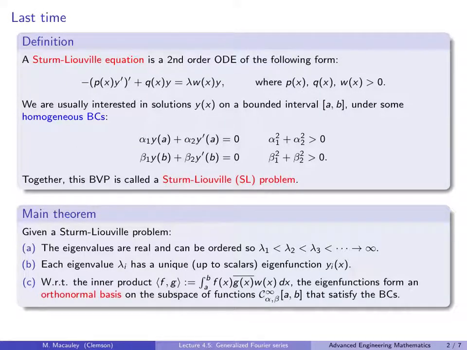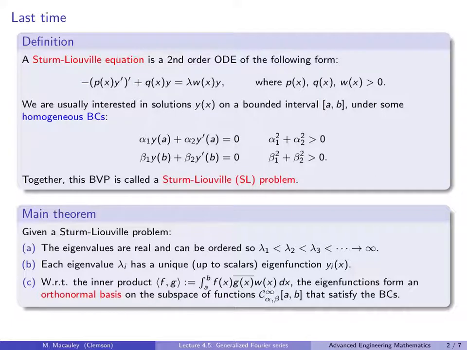Finally, with respect to the inner product defined to be f dot g is the integral from a to b of f of x, g of x bar, w of x, that's the weighting function, the eigenfunctions form an orthonormal basis, well, they can be scaled to form an orthonormal basis, on the subspace of functions. This is just the fancy notation, say the set of smooth functions that satisfy these boundary conditions.